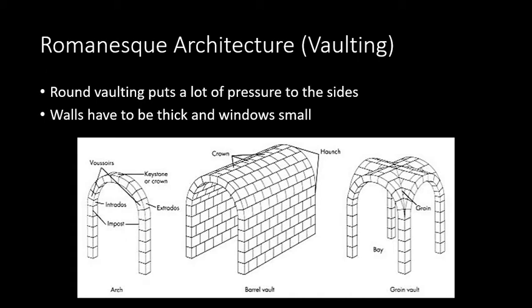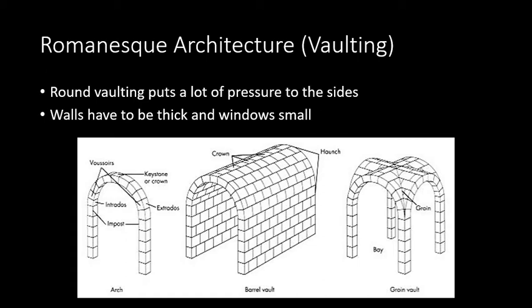The rounded vaults of Roman design allowed for a lot more area between columns compared to just flat stone roofs, but the arches push a lot of weight to the sides. Walls had to be thick, with large buttresses or wall extrusions to hold them in place. The sheer weight of the material used imposed severe height limitations, but windows were small and couldn't really let in the light.